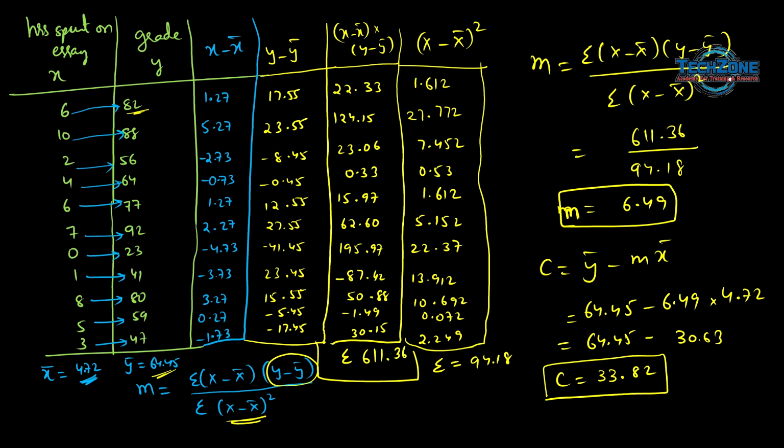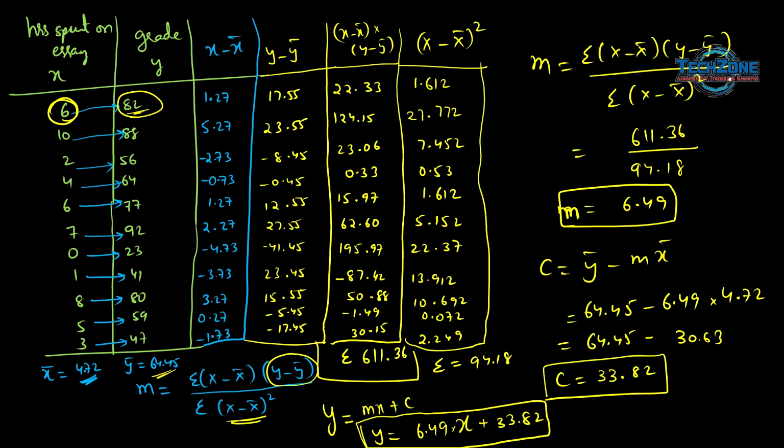For this data set, our linear regression model will give us a line: y is equal to mx plus c. So y is equal to 6.49 multiplied by x plus 33.82. We'll substitute the values of x here; if x is equal to 6, we'll get something around 82.